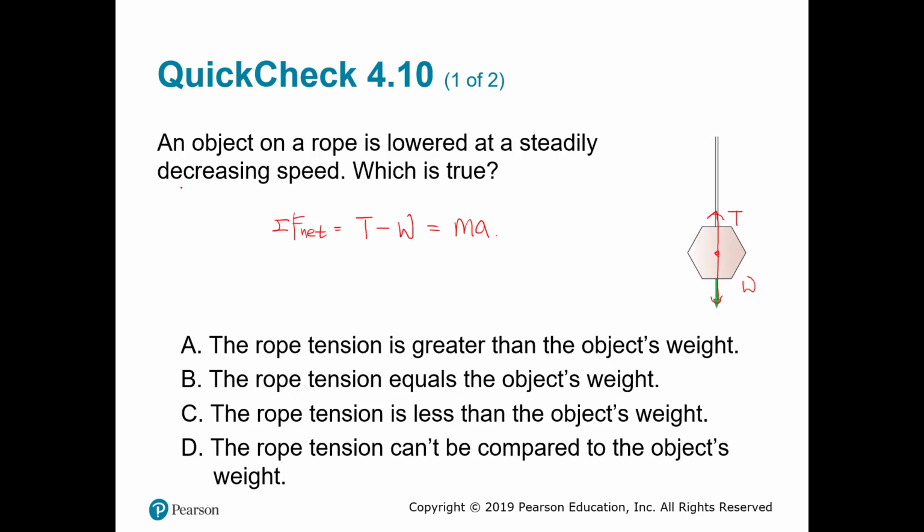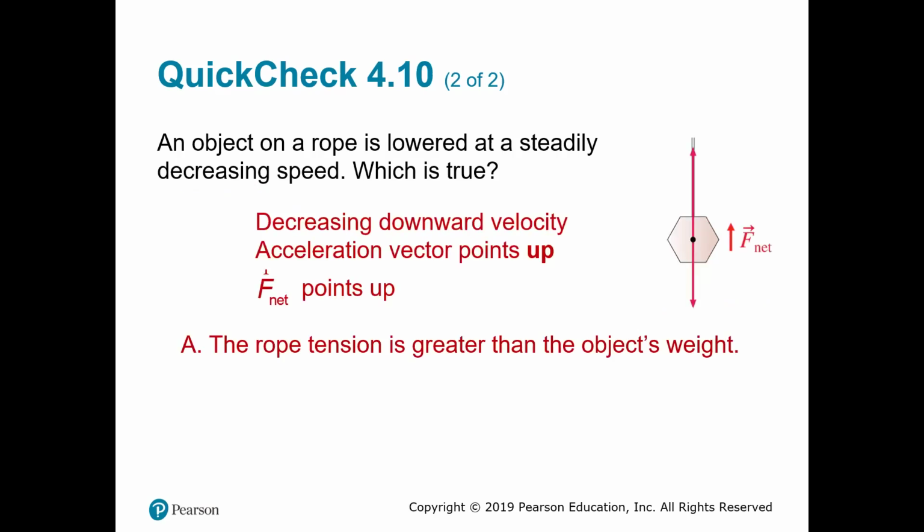But the speed is decreasing. What does that mean? Which force is greater? When it's lowered, the speed is slowing down, slowing down. So that means the tension is greater than W, right? Because it's decreasing, right? So then the answer is A, right?